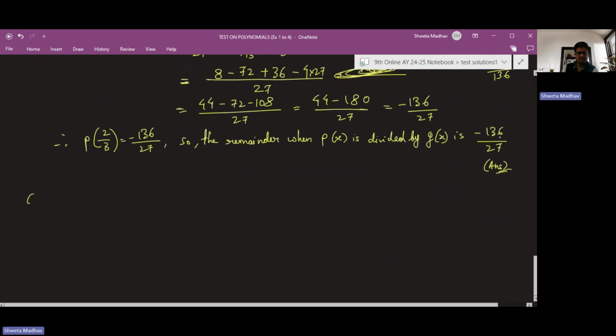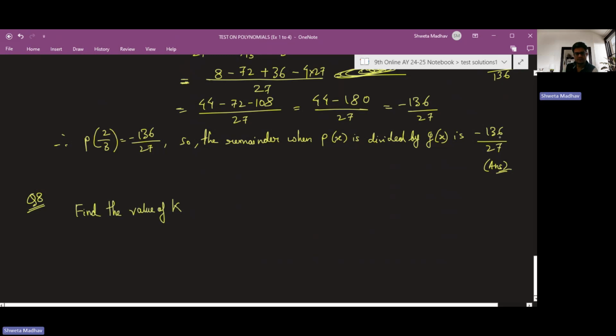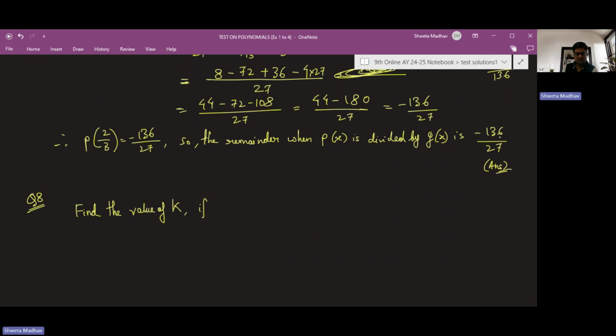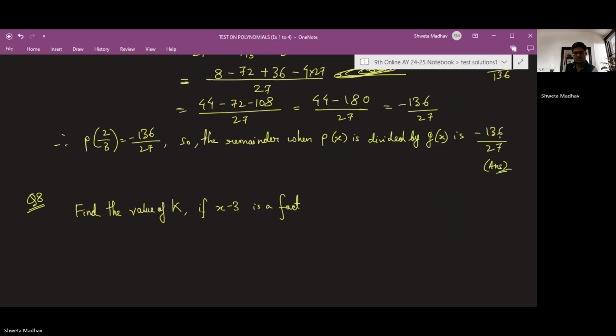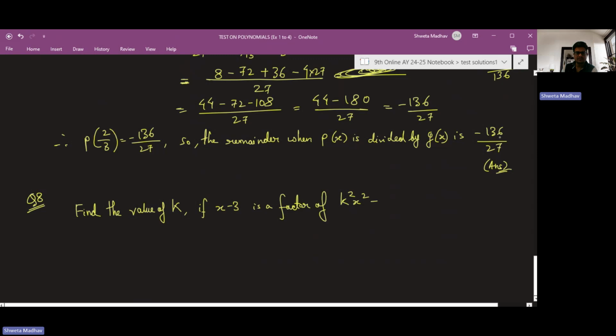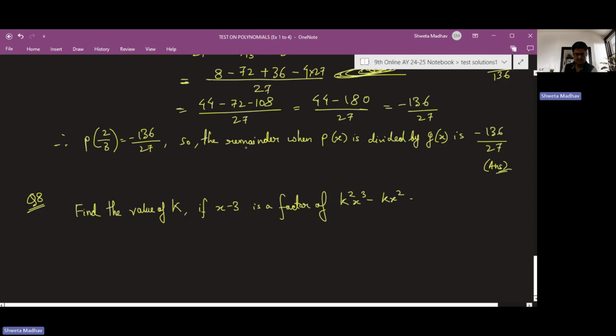Then in question number 8, it has been told to find the value of k if x minus 3 is a factor of k square x cube minus kx square plus 3kx minus k.